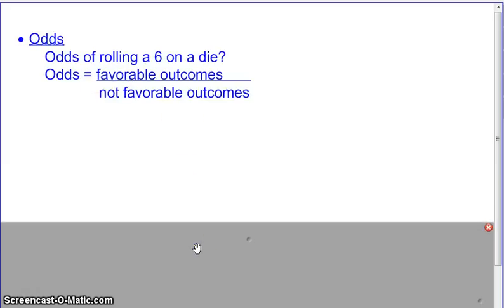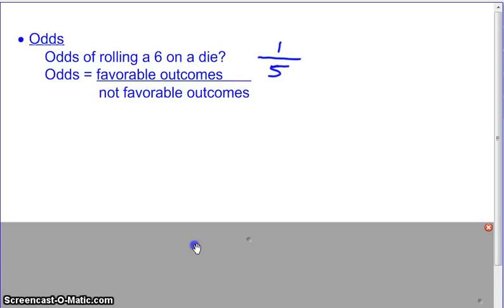Well, we know that a die has how many 6s on it? It has 1 six, and how many faces of the die do not have a 6? Very good, 5. So the odds of rolling a 6 is 1 to 5.